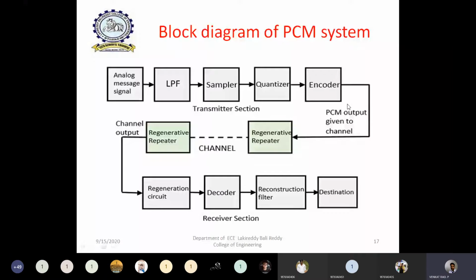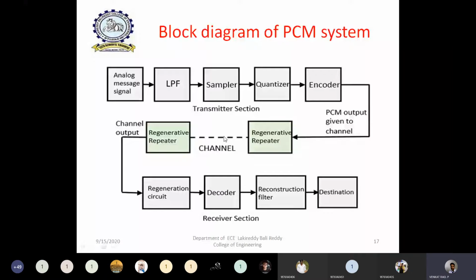But this regenerative repeater is not there in our experimental kit, because by using a PCM system generally we transmit this signal through a communication line. It may be a coaxial cable or a telephone line. If the length of the wire is very high, then we require these regenerative repeaters.